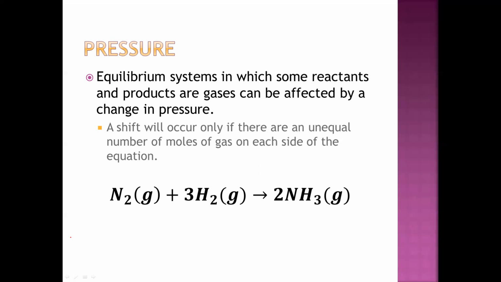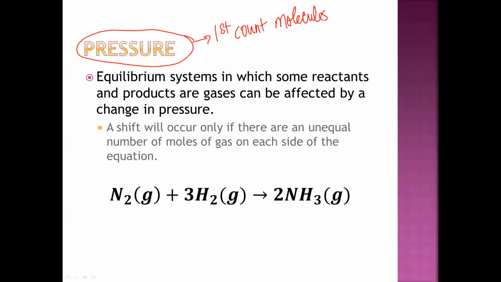So if you're having gases and there's a change in the pressure, you have to look at the actual reaction to see the number of gases, because you want to shift to the side depending on how many you want, either the side with more molecules or the side with less molecules, okay? So when you have pressure, what you have to do is you first have to count your molecules, okay? And we use the coefficients to add together for a total number of molecules.